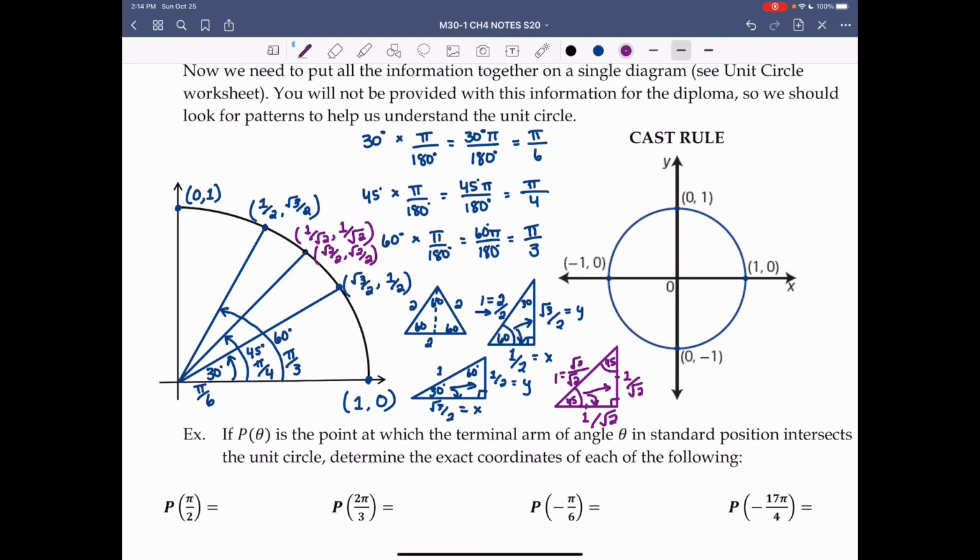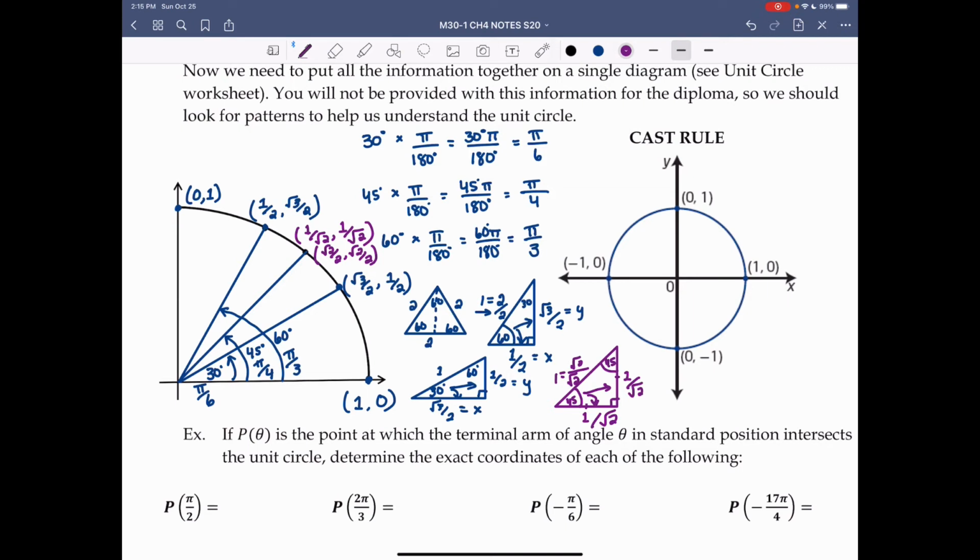Any quadrant that you move to, if your reference angle is one of these values, 30, 45, or 60, the x and y value will be the same as they are here. The only difference will be the sign is changing.